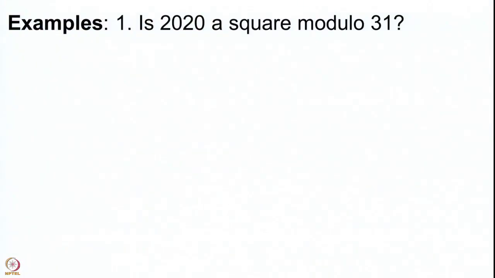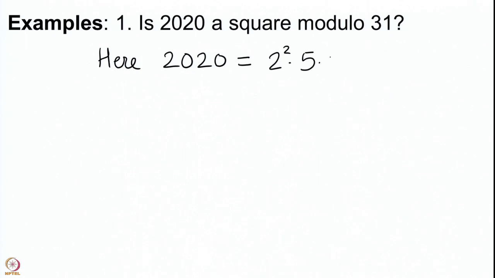Let us do an example, and since we are in 2020 now, let us try to answer this question whether 2020 is a square modulo the prime 31. So, ideally you should reduce 2020 modulo 31 and see what is the residue you get. But here we first of all observe that 2020 has a nice factorization. 20 divides 2020 and 20 is nothing but 2 square into 5 into 101.